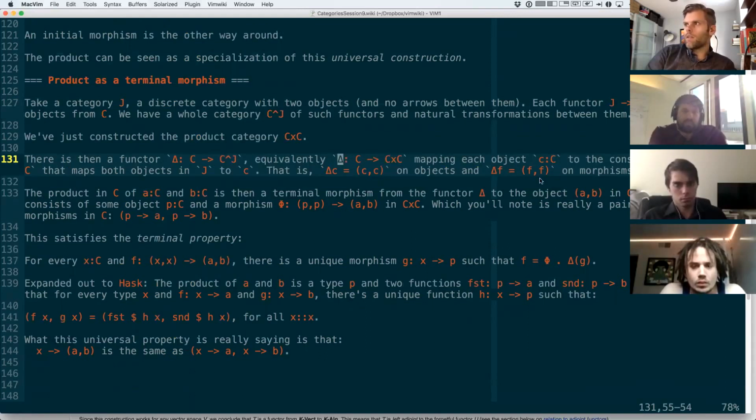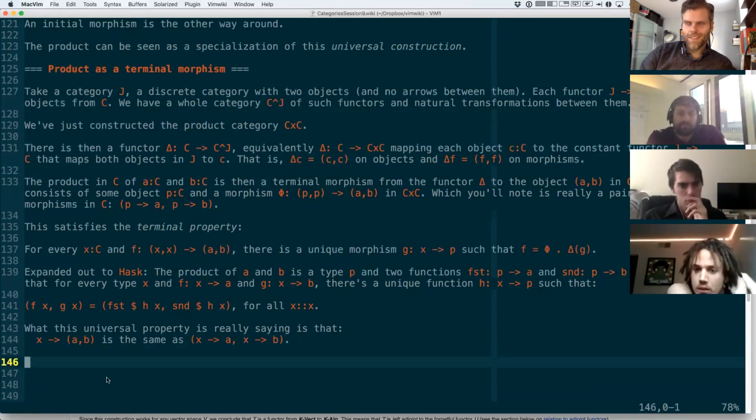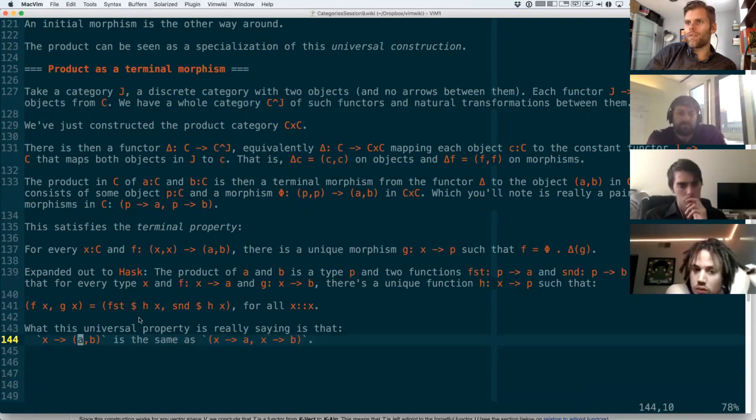And that functor delta will allow you to take pairs of arrows like this. Right? Yes. And what I'm saying is that if this construction exists, then this is true. Make sense? Then line 144 is true if everything that precedes it is also true in your category.